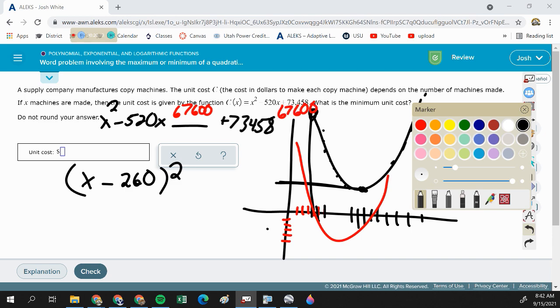We're going to add that. Oh, it's a positive here, which means it needs to be a negative there. 73458. Okay, so my vertex is 260, 5858.